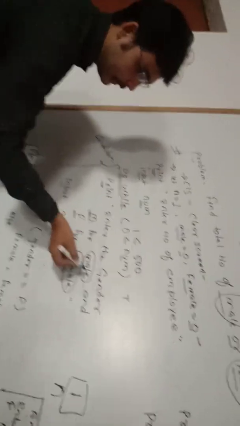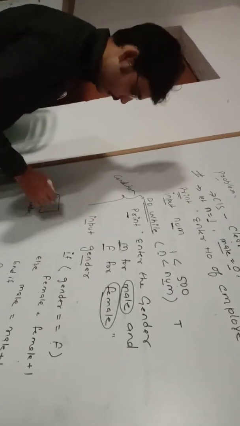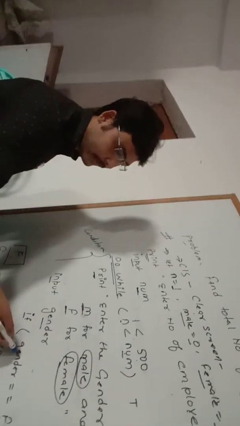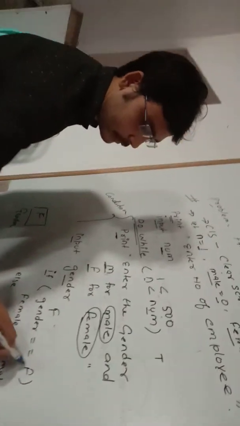Okay, and see the output. Suppose the first time we enter the gender, the name is Ram, and we write female. Then it will check whether the gender is female: f equal to f, yes, true.